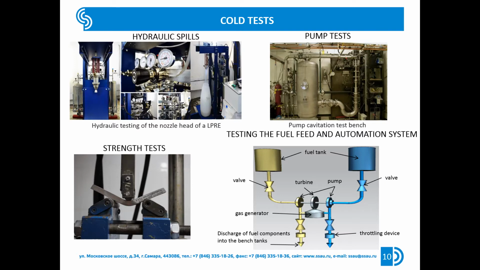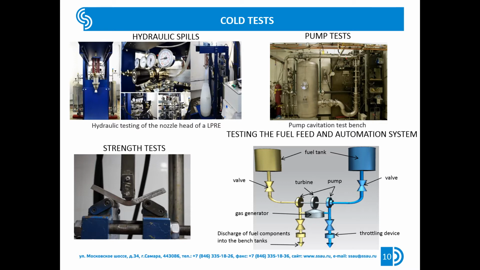In these tests, the operation of the fuel supply and engine regulation of the supply of components to the combustion chamber and accordingly combustion there is tested. The effect of the combustion chamber is simulated by installing throttling devices at the outlet of the fuel and oxidizer pressure lines.